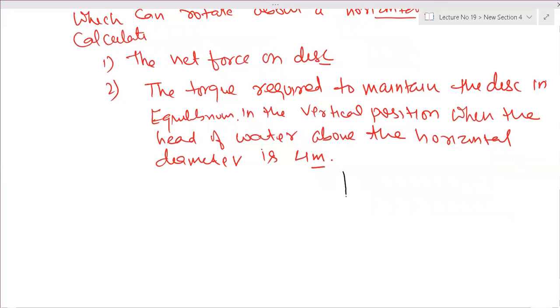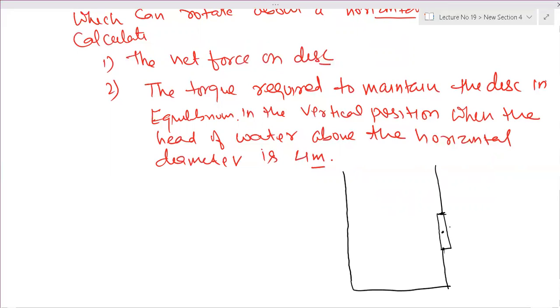So you have a tank. Let us draw the tank first. In this tank, you have an opening. This is your opening of 3 meter diameter, and this opening is closed by a disc. Suppose this is your disc.